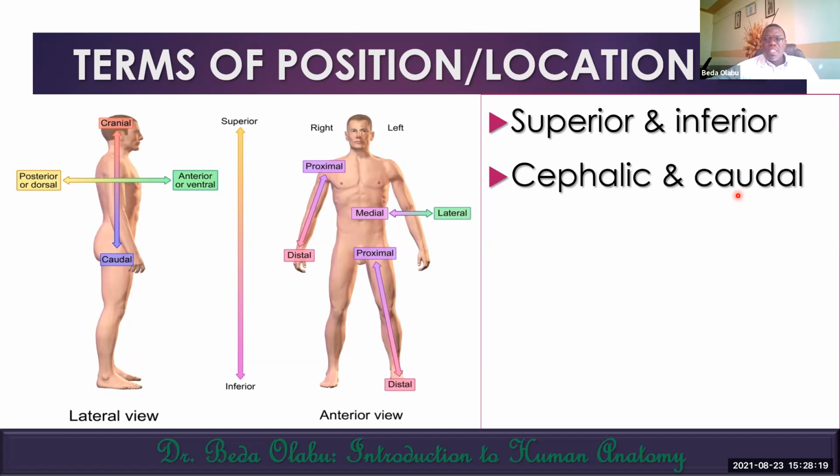You can pick it as caudal is away from the head. Remember again, we are working with head, neck, and trunk region. And so if you assume this person doesn't really have the limbs, upper limb and lower limbs are not there, the tail in quotes will be actually the lowermost part of this individual.